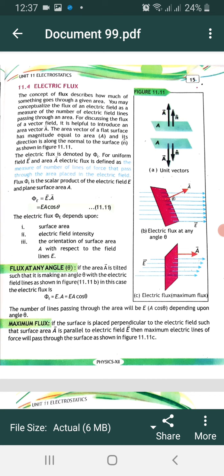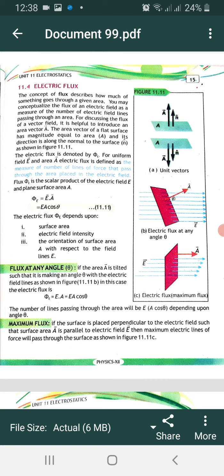So now we are in a position to say that a vector area has two properties like vector quantities: magnitude as well as direction. The magnitude of a vector area is simply equivalent to the area of the surface, right? But for the direction we have to draw a normal to that surface area. That normal to the surface area will represent the direction of that vector area.